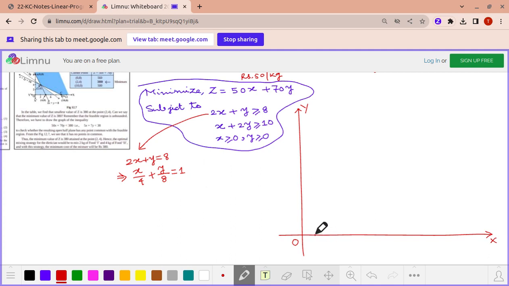This is 1, 2, 3, 4, 5, 6, 7, 8. Let me write it down. And then along the y axis also, let us keep it.